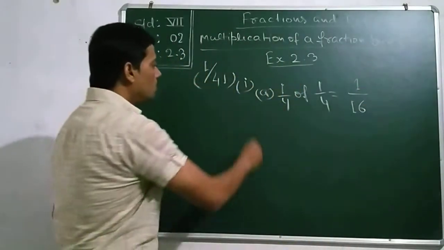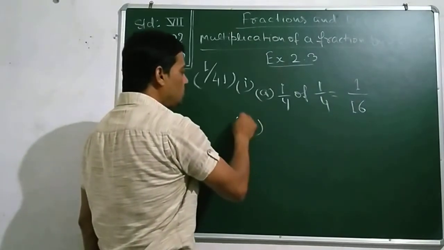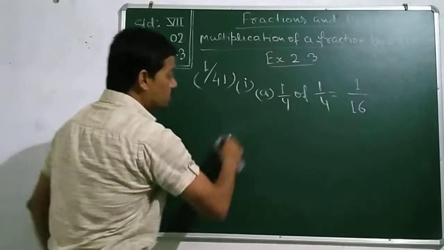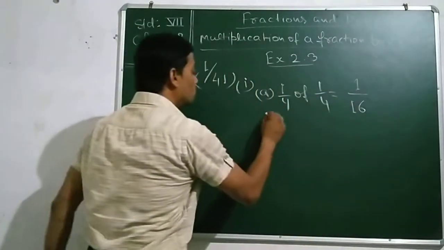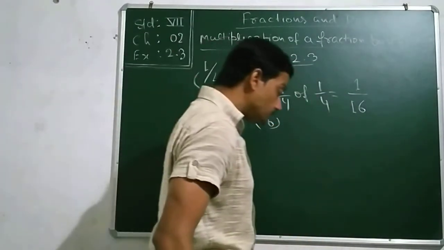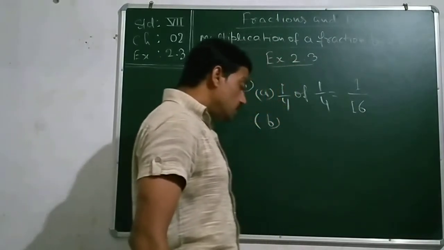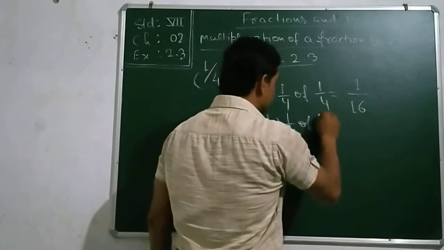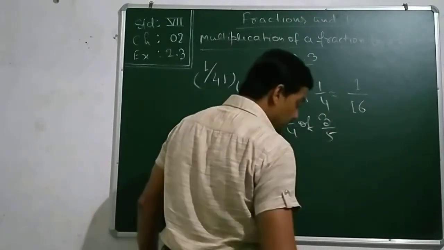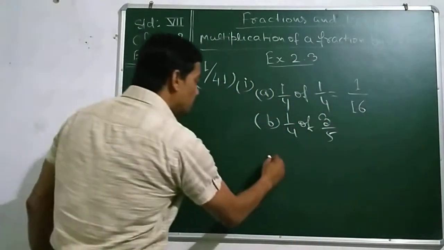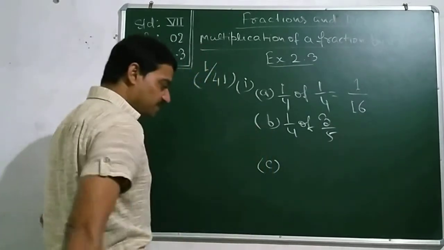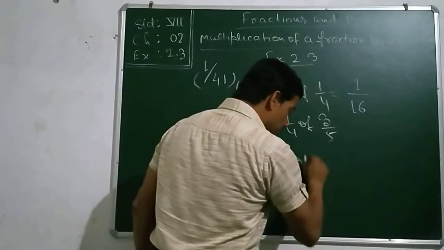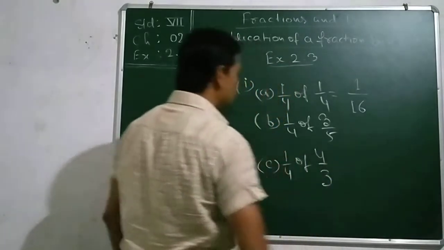Now come to the second one. In the first sum, two parts are there, A number I have shown you, B number is 1 by 4 of 3 by 5. Third part also exists there: 1 by 4 of 4 by 3.